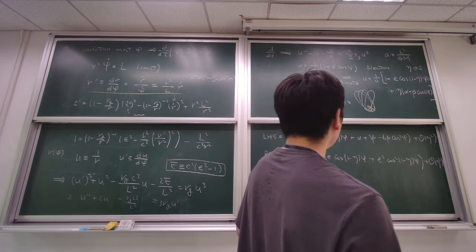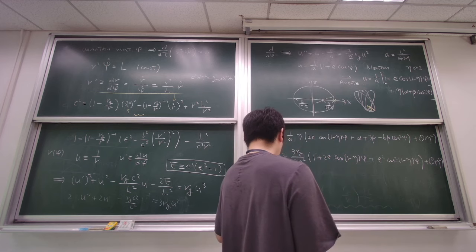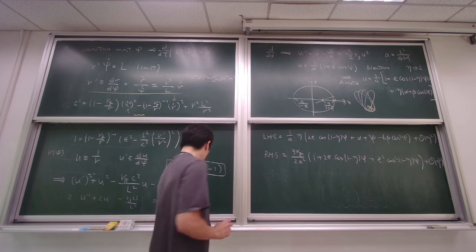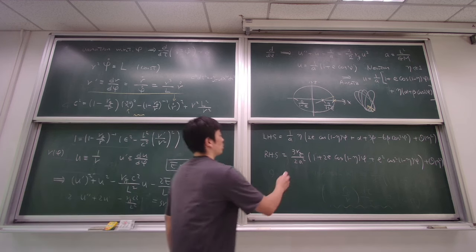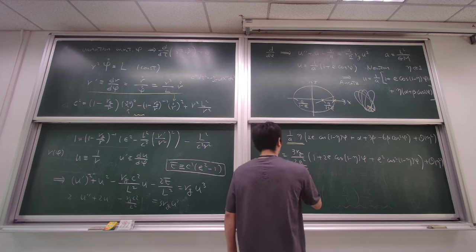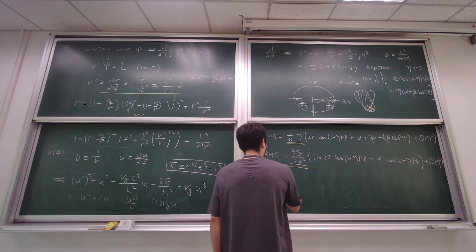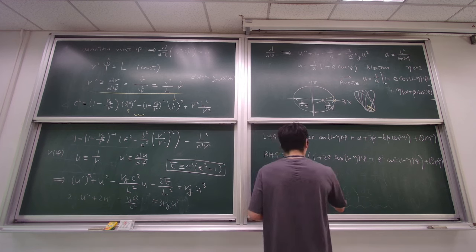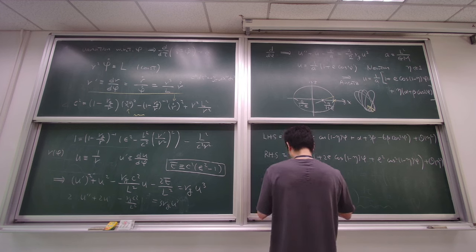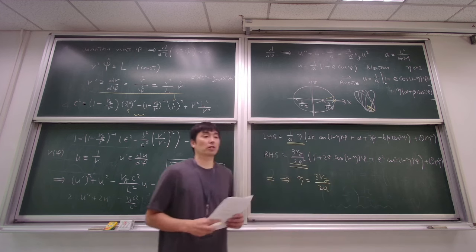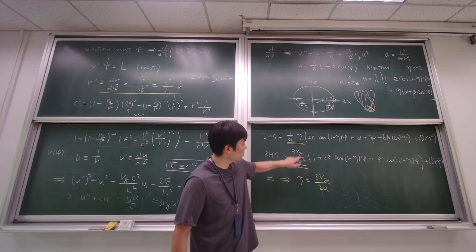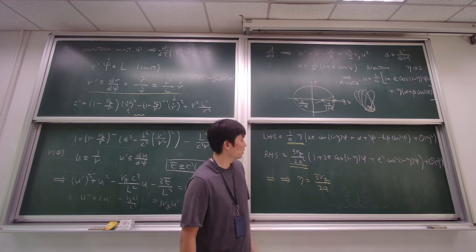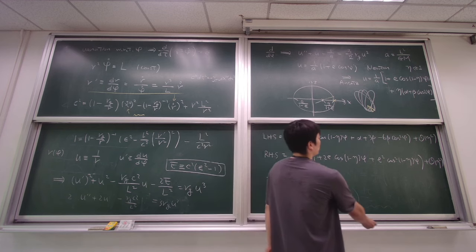What we see is that, first of all, the overall factor should be the same. So this factor should be the same as this one. So this part will give you eta is equal to 3rg divided by 2a. So eta should be 3rg over 2a. Okay, and plug this one into here.